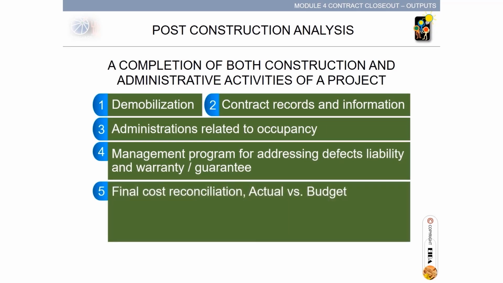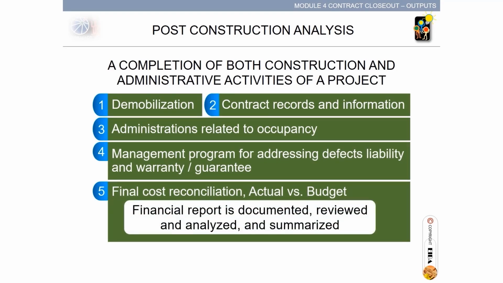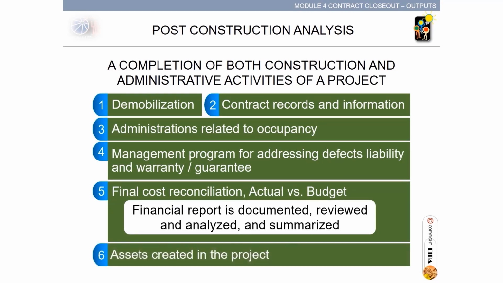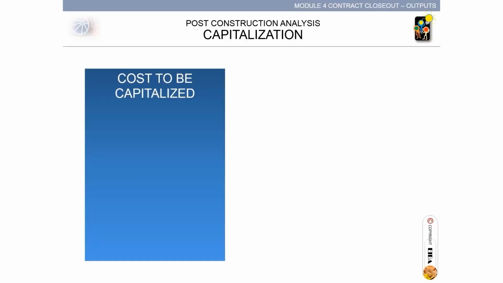Final cost reconciliation, actual versus budget. Financial report is documented, reviewed and analyzed, and summarized. Assets created in the project are capitalized, and let's talk about this in the next slide. Capitalization.